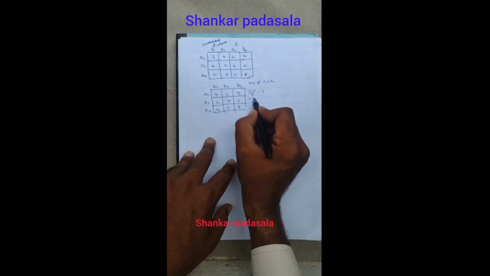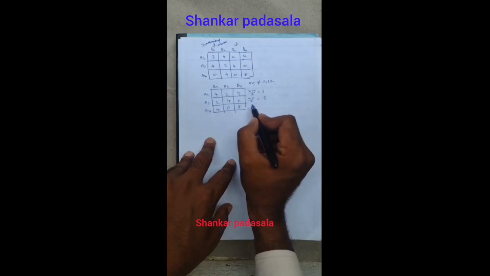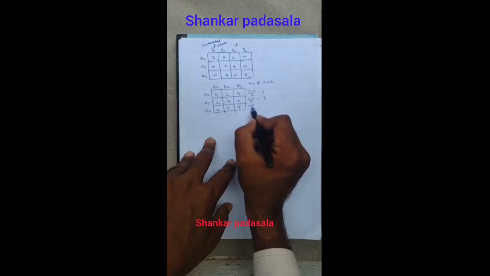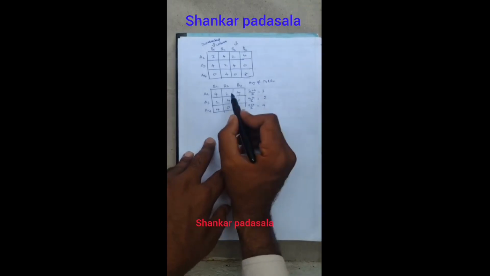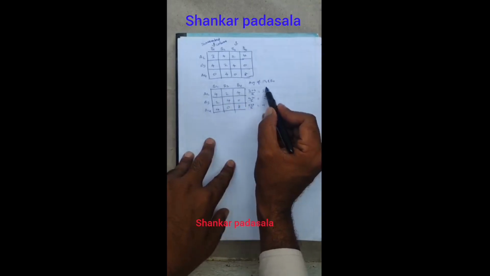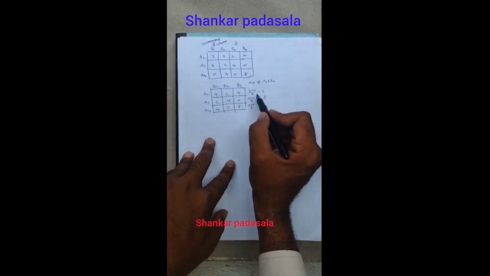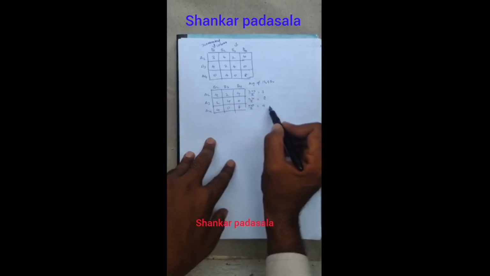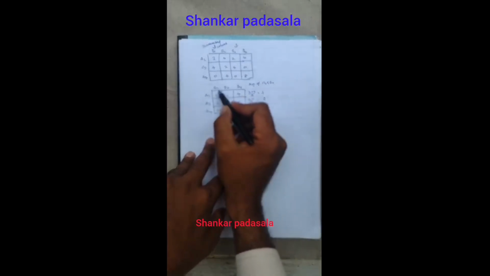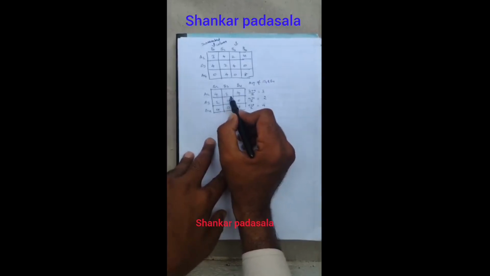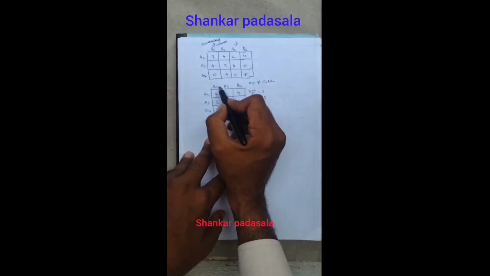Here 4 plus 0 by 2, I will get 2, and 0 plus 8 divided by 2, I will get 4. Now B2 is greater than the average of B3 and B4: 4 is greater than 3, 2 is equal to 2 and 4 is equal to 4. So all these values are greater than or equal to the average of B3 and B4.